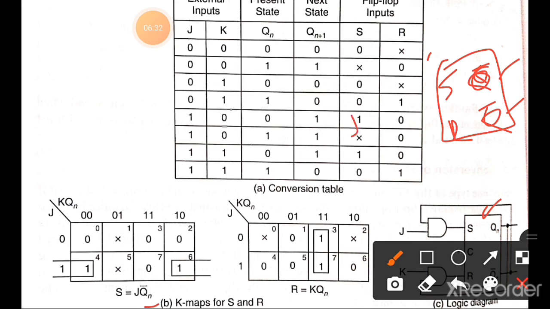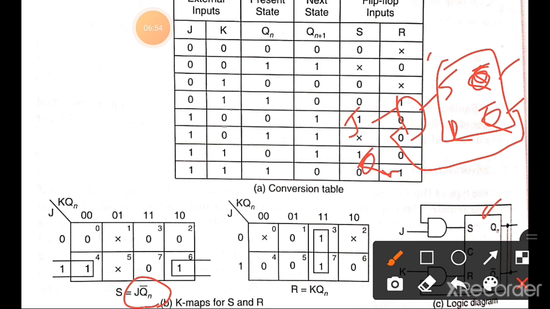So J is the input given here, Qn bar is here, then an AND gate. The operation is AND operation, so J Qn bar.